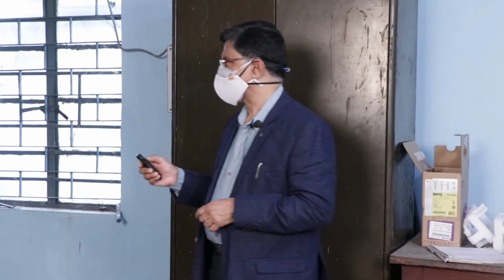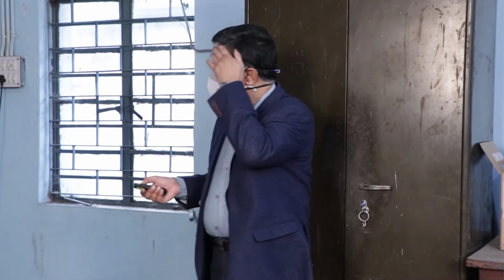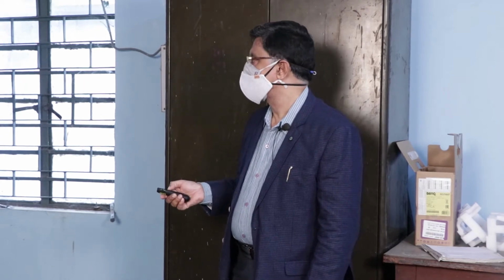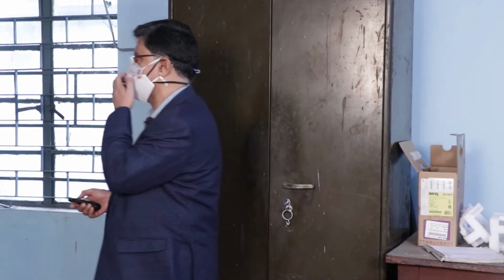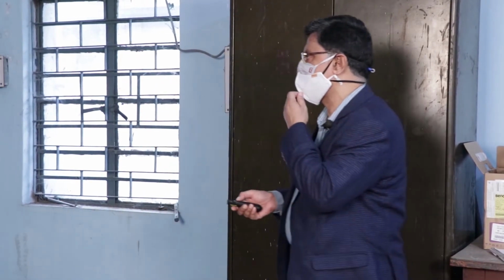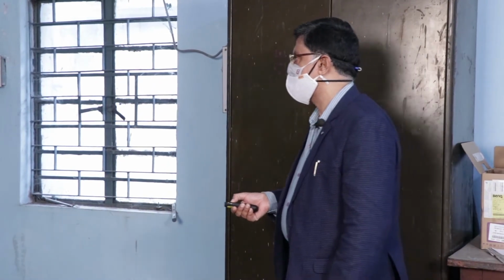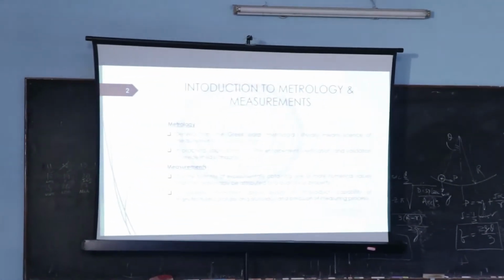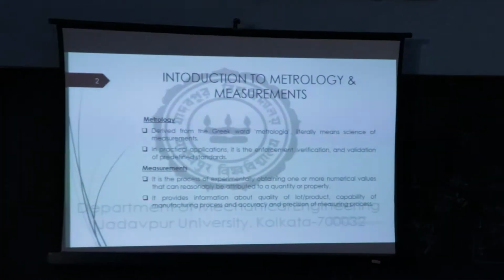Now, let me start with our specific task here. As you see, metrology is derived from the Greek word metrologia, which literally means science of measurement. Already I have mentioned this, so I will not read all the lines.